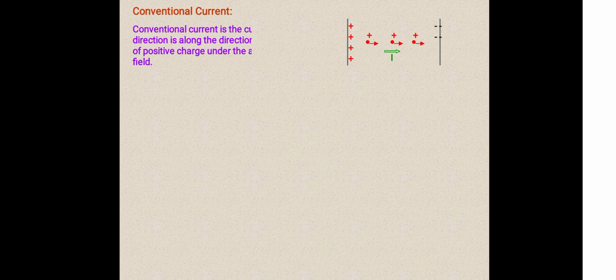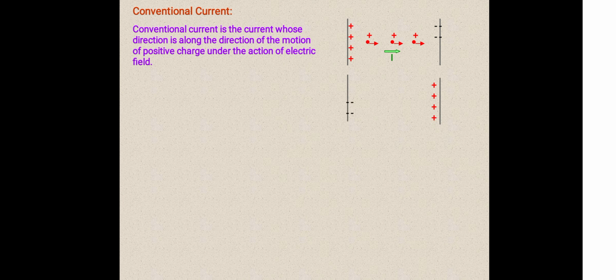Now, we discuss the conventional current. Basically, the conventional current is the current whose direction is along the direction of motion of positive charge under the action of an electric field. Look, there is an electric field.